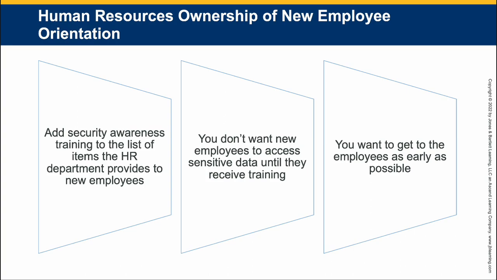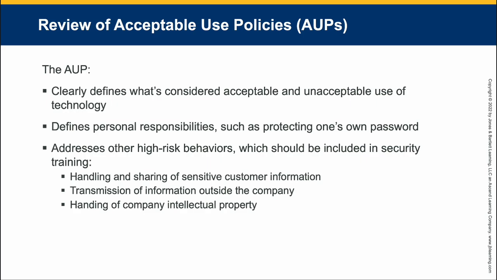Next, we take a look at AUP, acceptable use policy, which basically defines what is acceptable and what is unacceptable in terms of technology. What's the responsibility? For example, your own password, you need to keep it safe, so people don't put it on a sticky note on the table, for example.